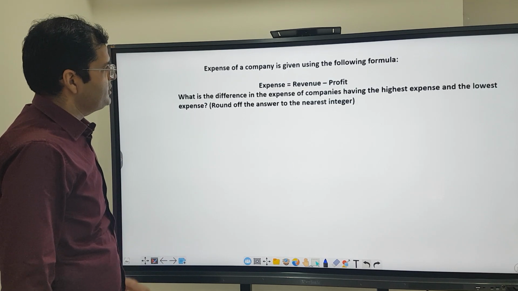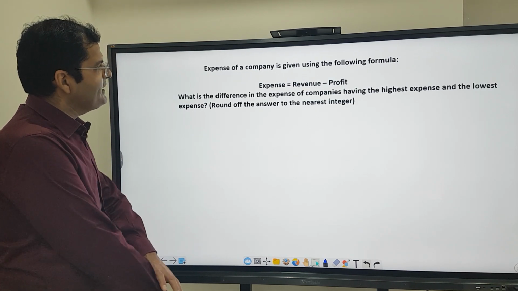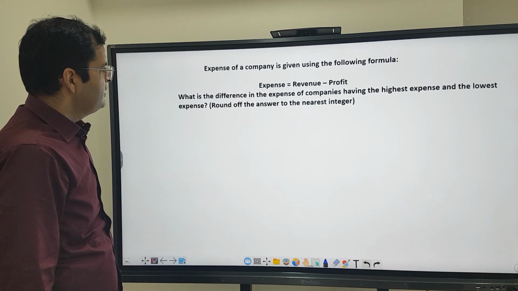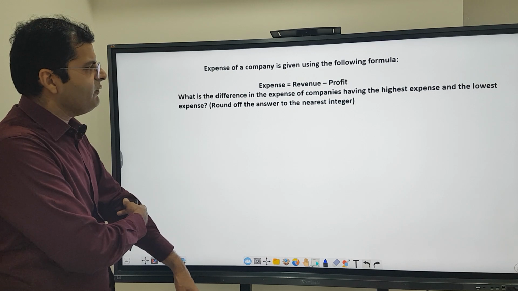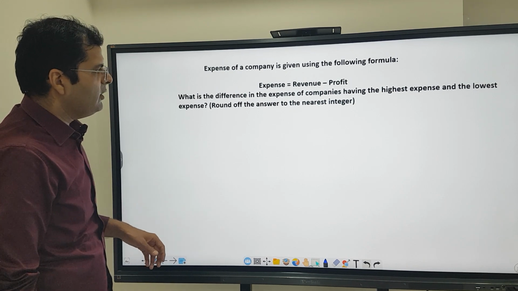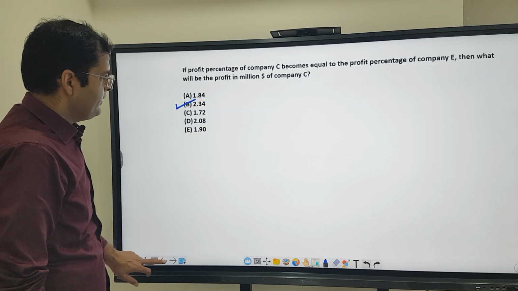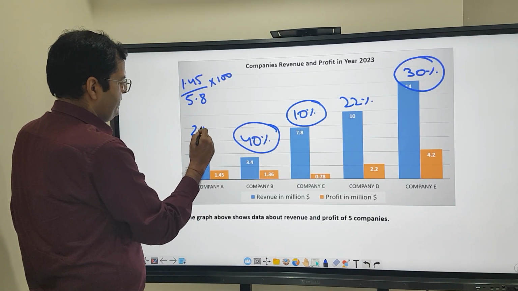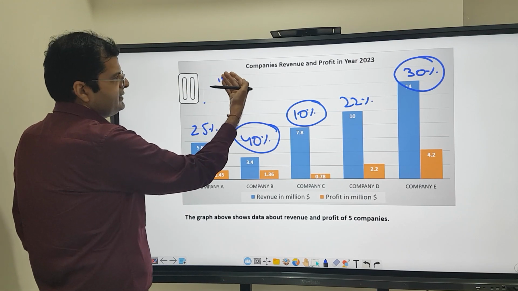Now we look at the next question again. It says expense of a company is given by the following formula. Expense is revenue minus profit. What is the difference in expense of companies having the highest expense and the lowest expense? Round off the answer to the nearest integer. So what is the expense?